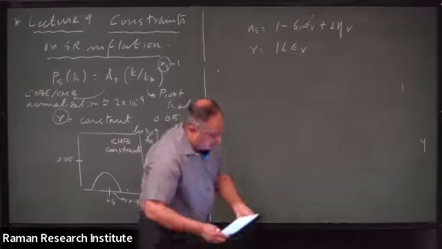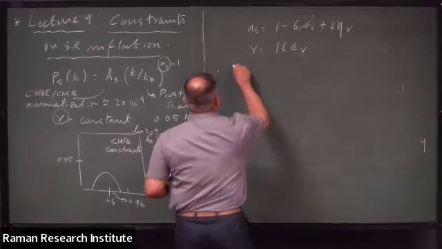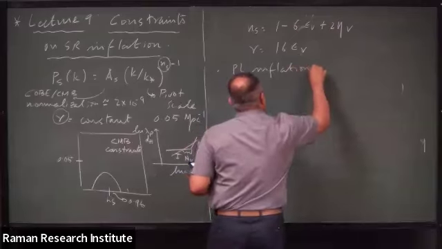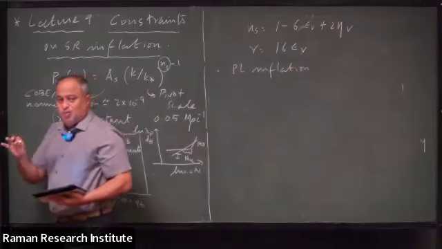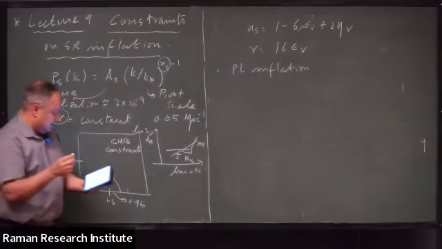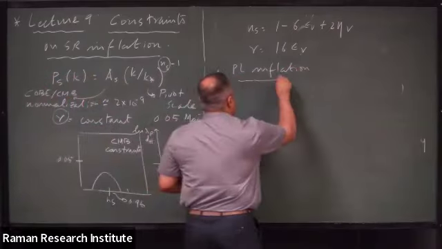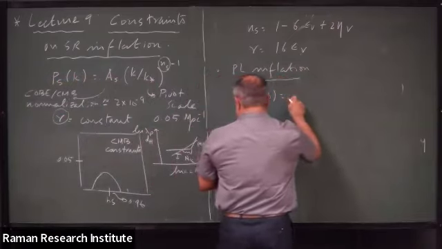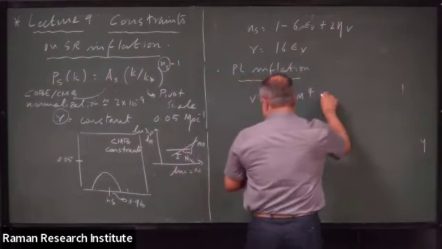Okay, so let's consider first power law inflation. I've already indicated that power law inflation has a problem, that there is no end of inflation, but nevertheless, let us see what happens. In power law inflation, if you recall, V of phi was of the following form: m to the power 4.